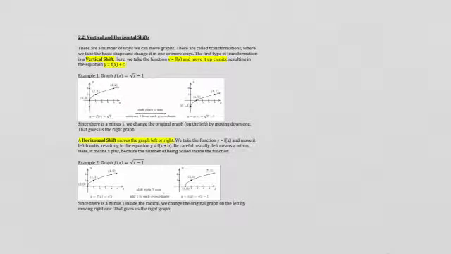Alright guys, so now we are going to study section 2.2, vertical and horizontal shift. First of all, let's talk about the vertical shift. A vertical shift can be up or down.